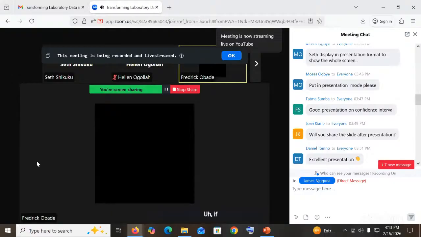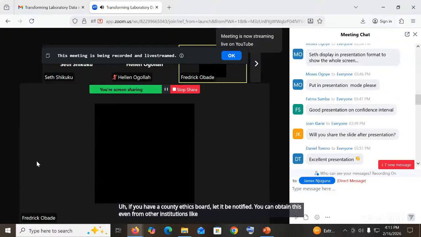If you have a county ethics board, let it be notified. And you can obtain this even from other institutions like KMTC, Maseno University, and the different ones. So, but for Data Protection Act training, the most common one, you can get it from the Kenya School of Law. You can also get it from the Strathmore, and many other places. Yeah, thank you. Back to you.